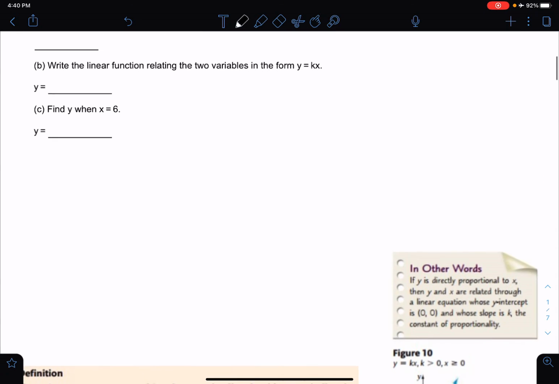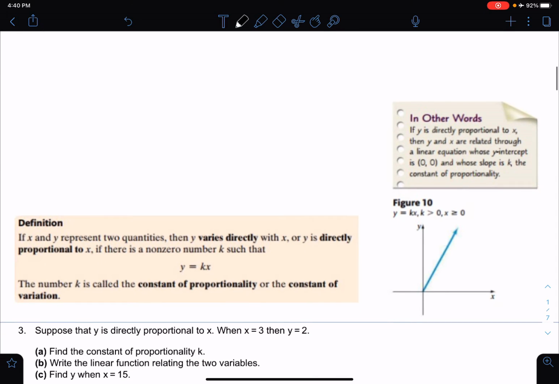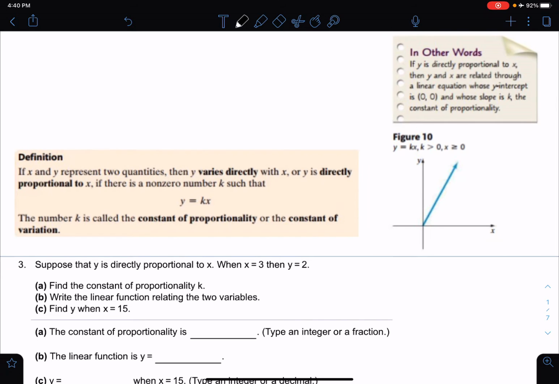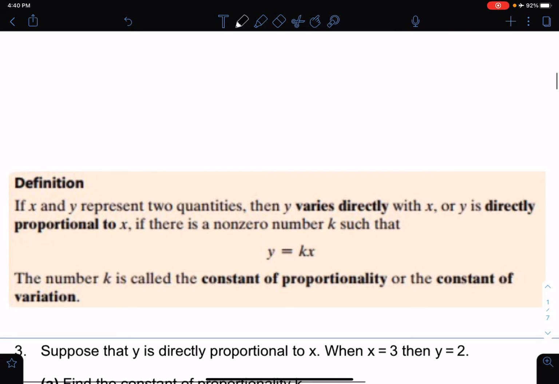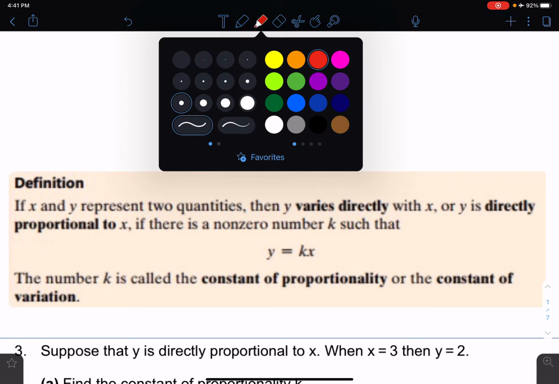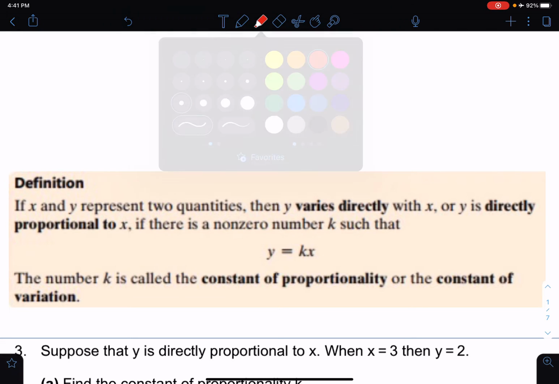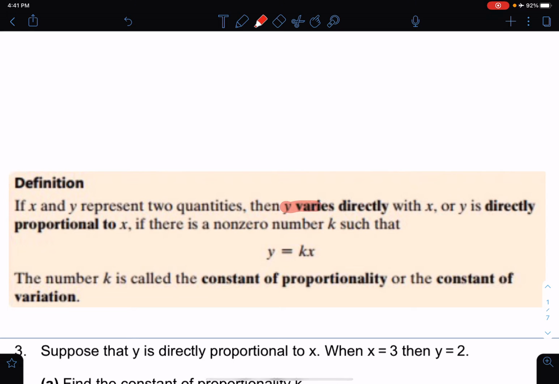So I want to bring you down to this definition, and basically it says, if I zoom in a little bit here, if x and y represent two quantities, then y varies directly. So when you see that language, real important, it says when y varies directly with x, or you see the words y is directly proportional to x.